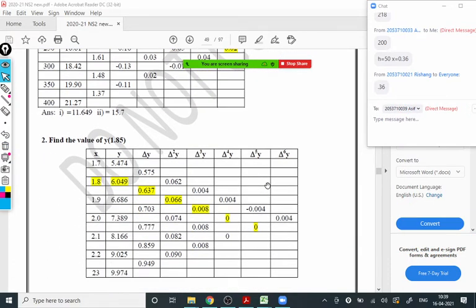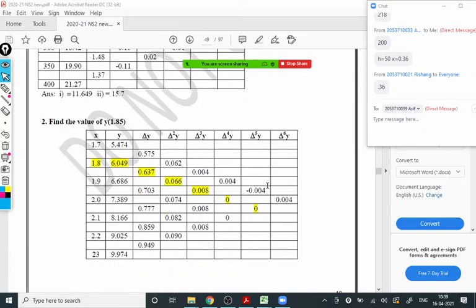So question number 2 is completely solved here. You will observe we have to calculate a functional value at 1.85. The question is find the value of y at x equal to 1.85. So what should be a? Obviously it is highlighted here. As we have to calculate at 1.85, a is 1.8. Then a plus xh is 1.85.